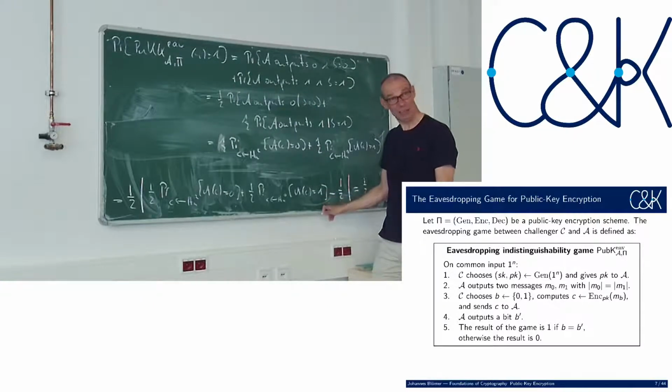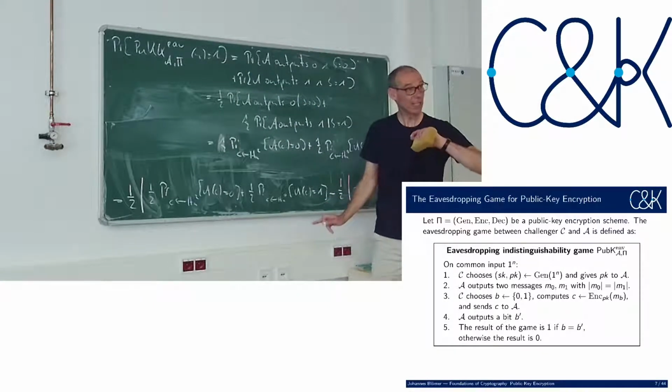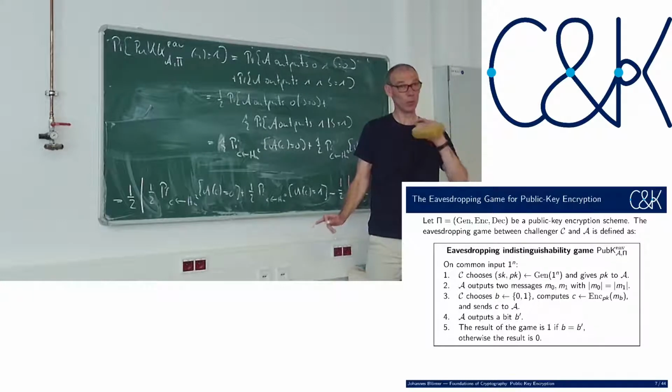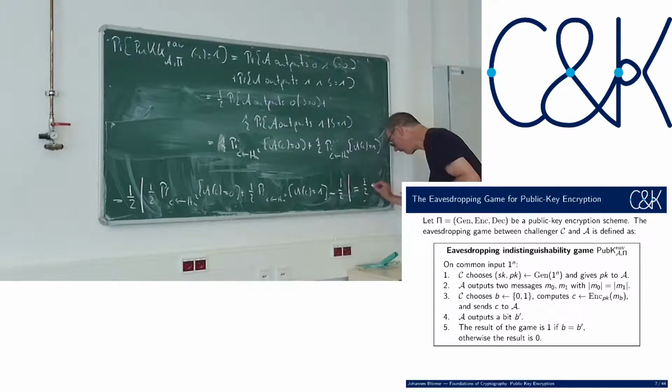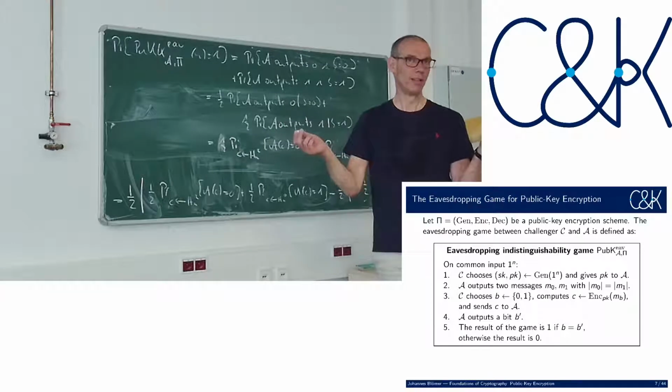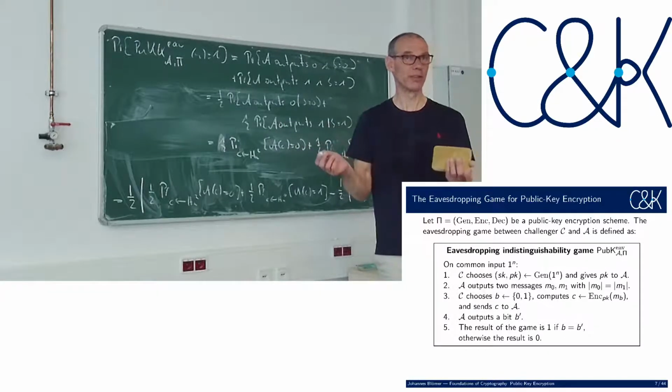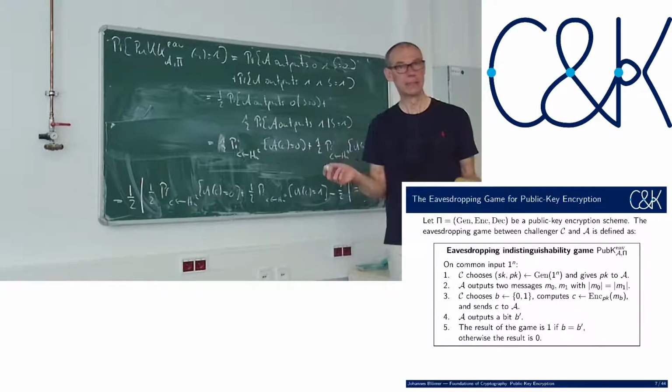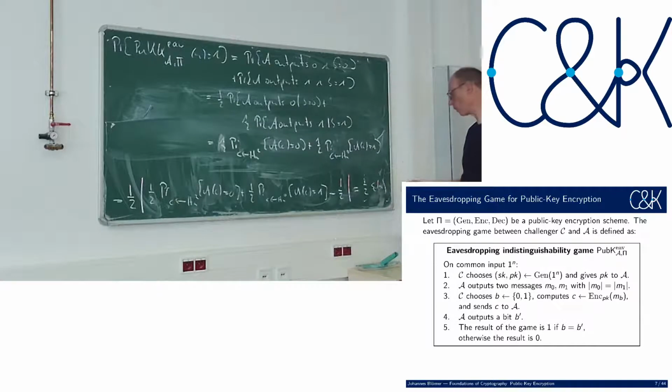This is really the advantage of A in its eavesdropping game, which we denoted by epsilon n. So epsilon n and delta n are related by this factor of 1/2. If one is negligible, then the other is negligible as well. And we are done.